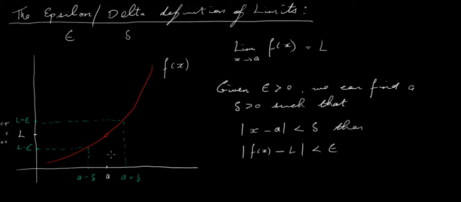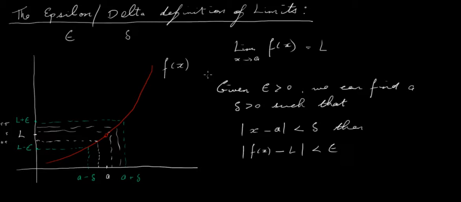So the x value will be somewhere in here. There's always going to be some x value within delta from A that will give me a y value within epsilon from L. All these x values here will give me y values that are actually closer to the limit than the epsilon you originally gave me.